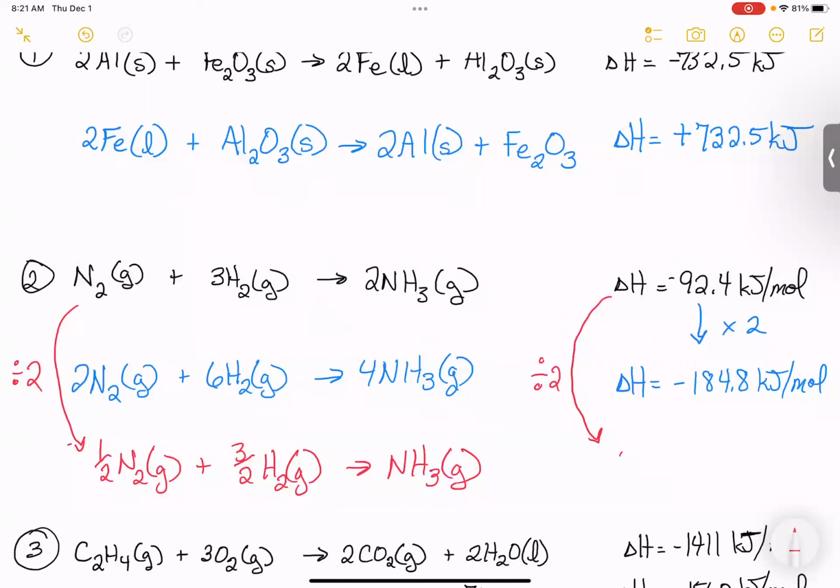So that means that the enthalpy of this last reaction is equal to a negative 47.1 kilojoules per mole.